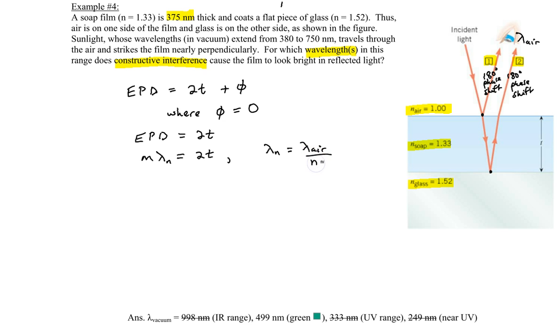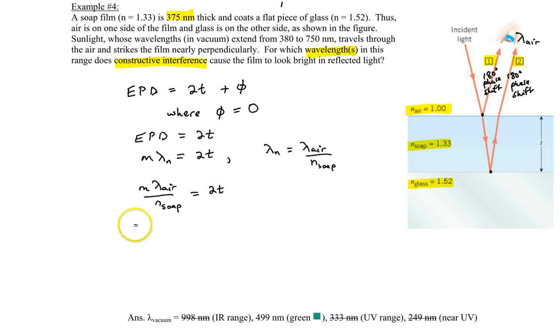Now which index of refraction do we use: air, soap, or glass? This is where the extra path difference is occurring, going down and back up, so it must be the wavelength within the soap. So this is n soap. We can replace that into this equation and have m lambda air divided by n soap equals 2t.